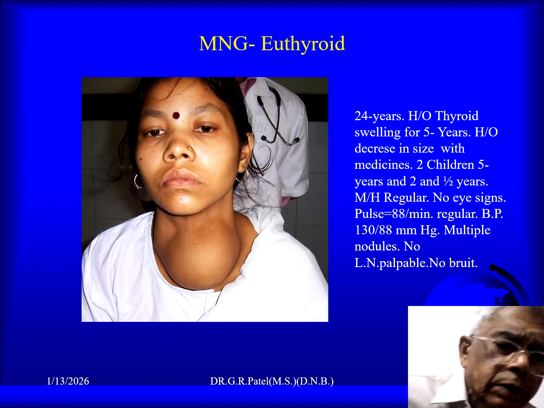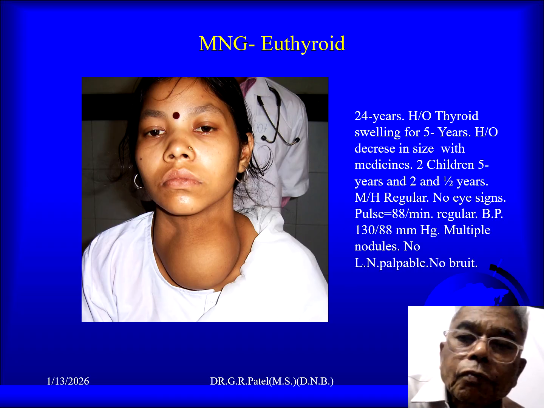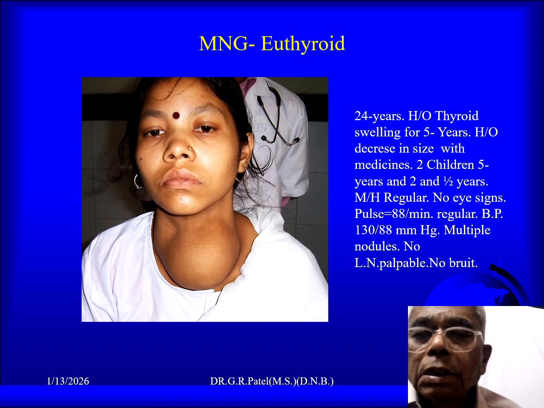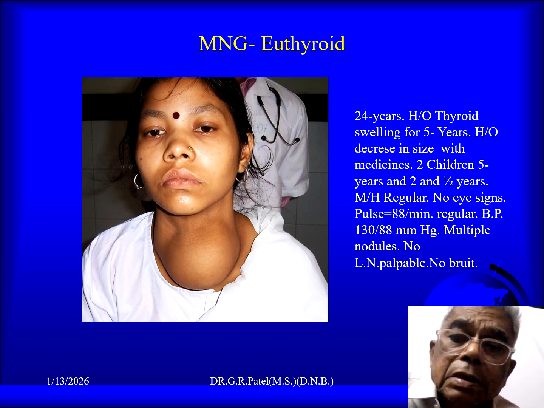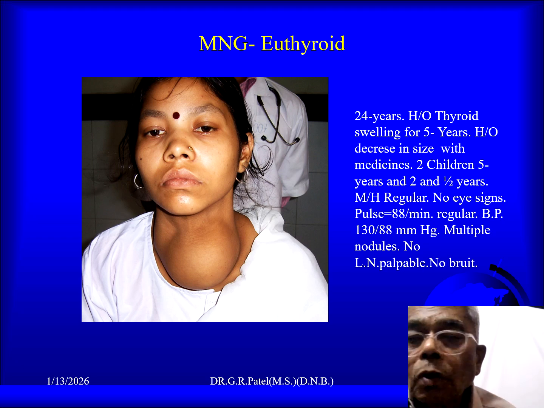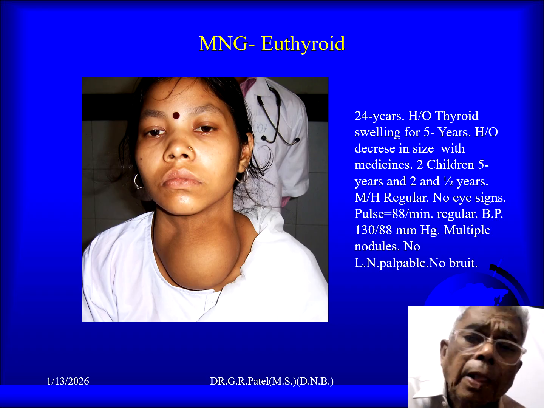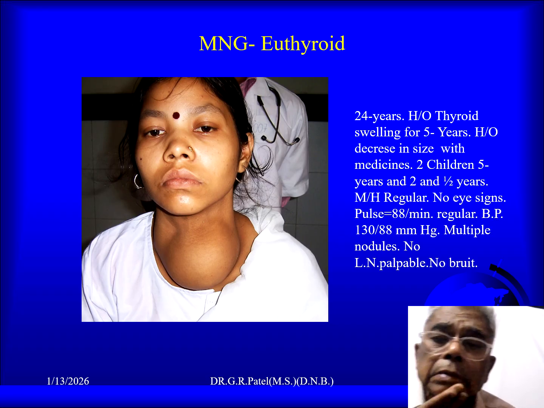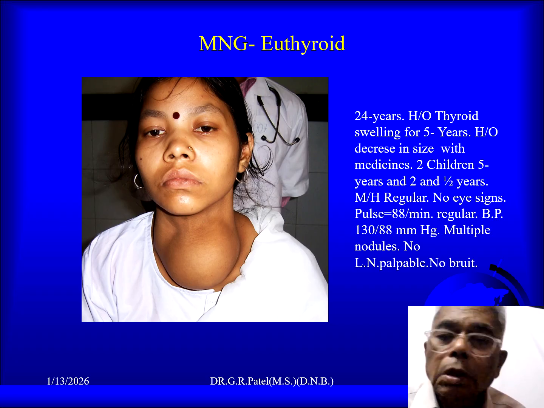This patient presented with multinodular goiter, euthyroid, history of thyroid swelling for 5 years, history of decrease in size with medicine, 2 children, menstrual history regular, no eye signs, pulse 88 per minute regular, BP 130 by 80 millimeter of mercury, multiple nodules, lymph nodes palpable.